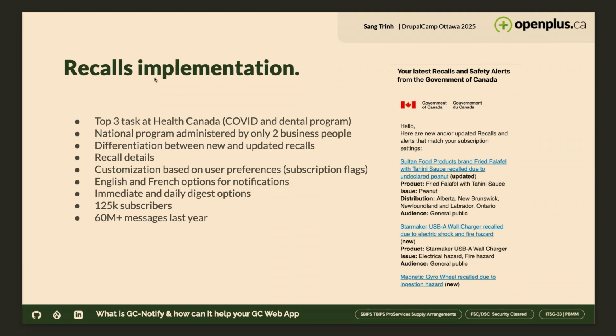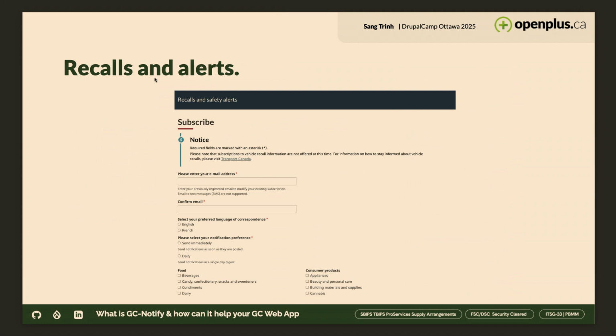It makes it easy to deploy. With this module and your Drupal app, you can install those modules, configure it, deploy it, and you don't have to pass an ATO for the email sending side of things. I think that's the big benefit.